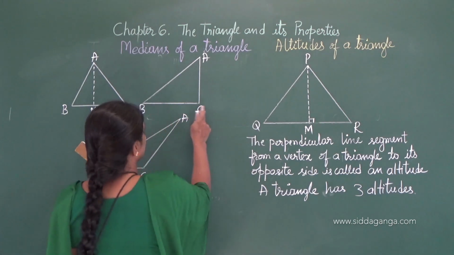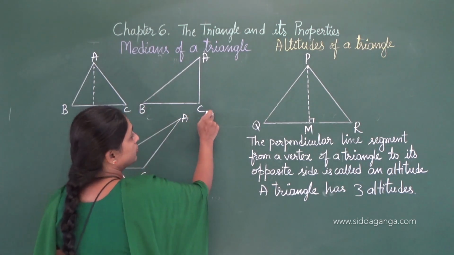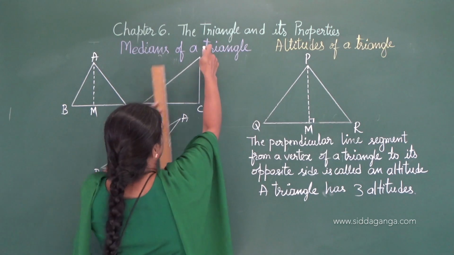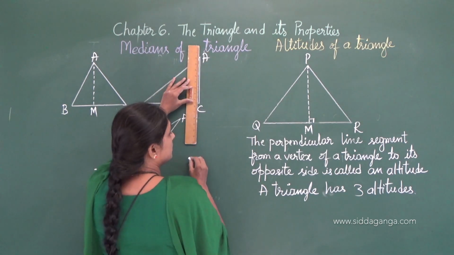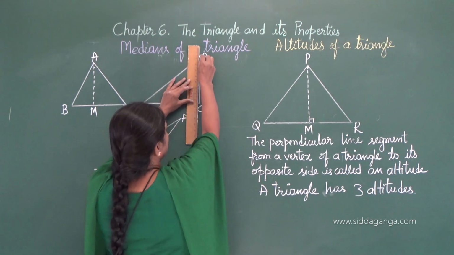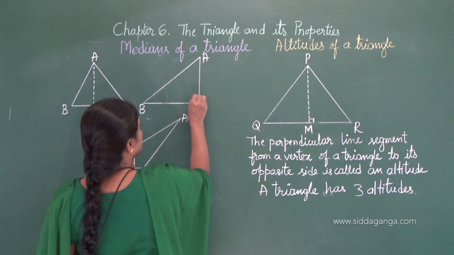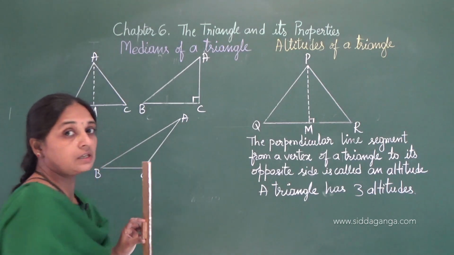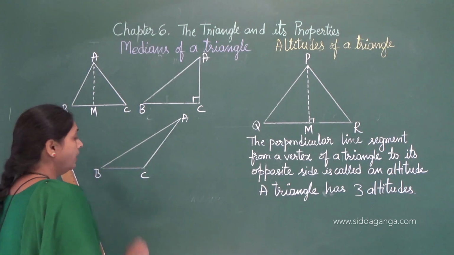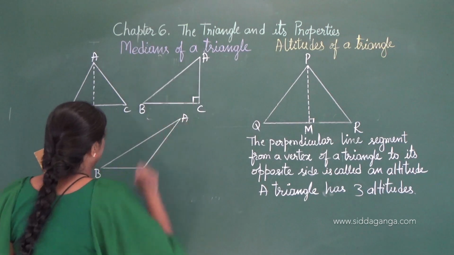So here BC is opposite to A. Then if I draw perpendicular to BC, then AB itself is an altitude for this triangle.